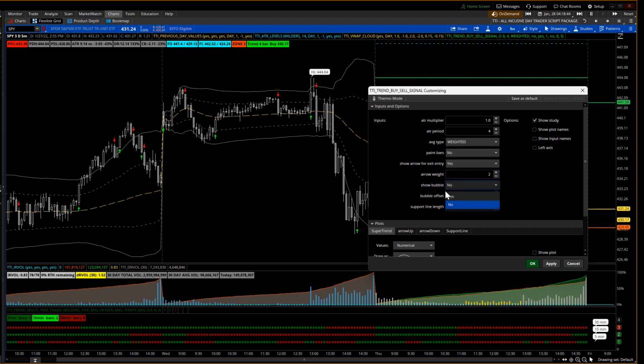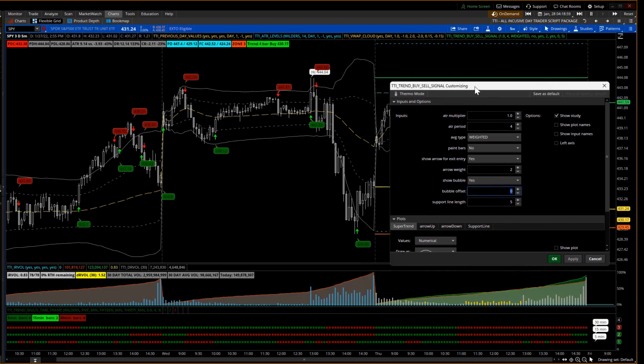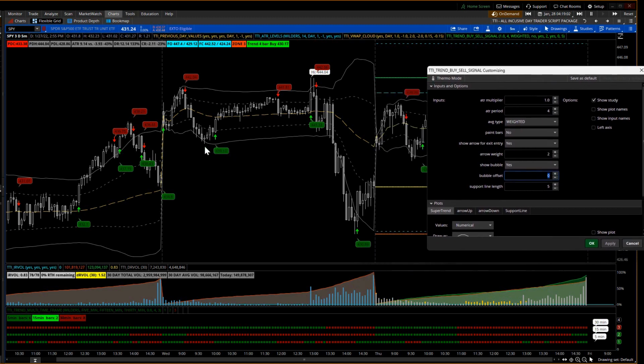Also, we have a feature in here where you can show a bubble. So what does that mean? Let's turn that on. If you show a bubble, it actually shows you the price of where that signal was generated. And then you have a bubble offset that just simply is a parameter to offset this bubble compared to price action.